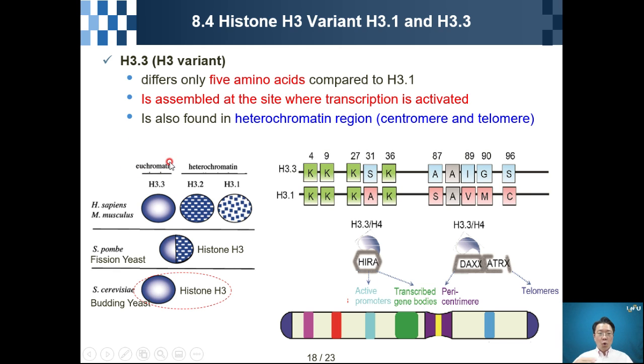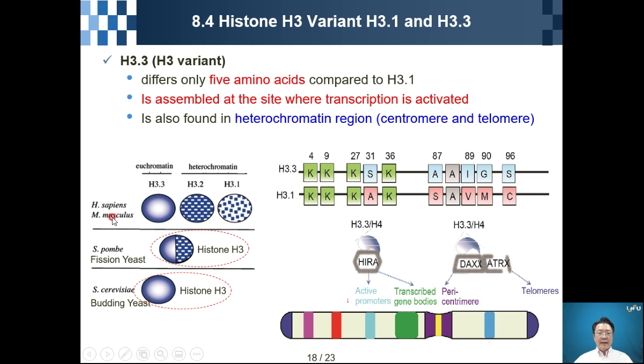And a more advanced form is fission yeast. In fission yeast, there is also only one subtype, histone H3. But in fission yeast, histone H3 is found in the nucleosome, which is located in the euchromatin region or in the heterochromatin region. How about the human and mouse?